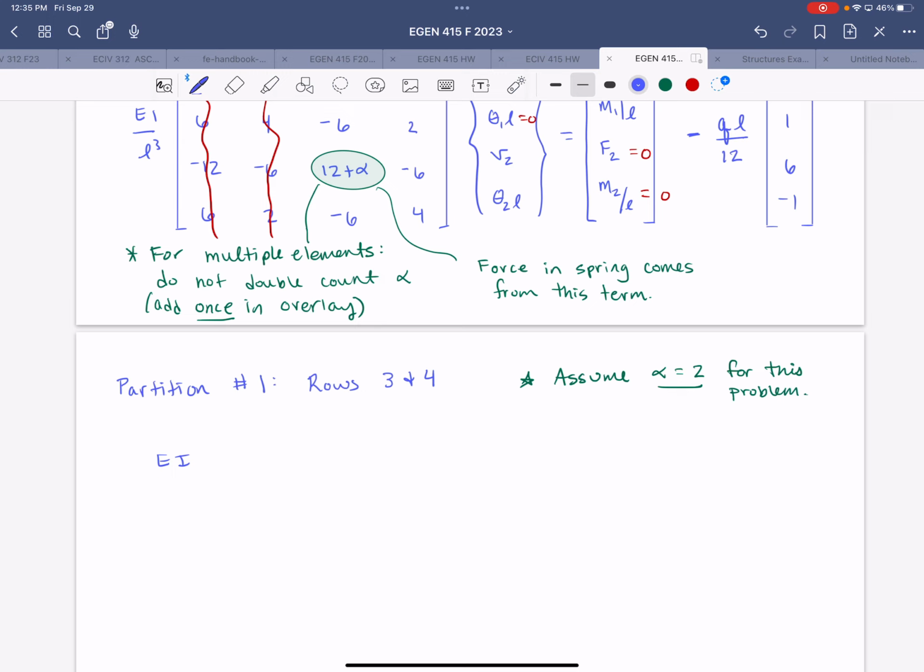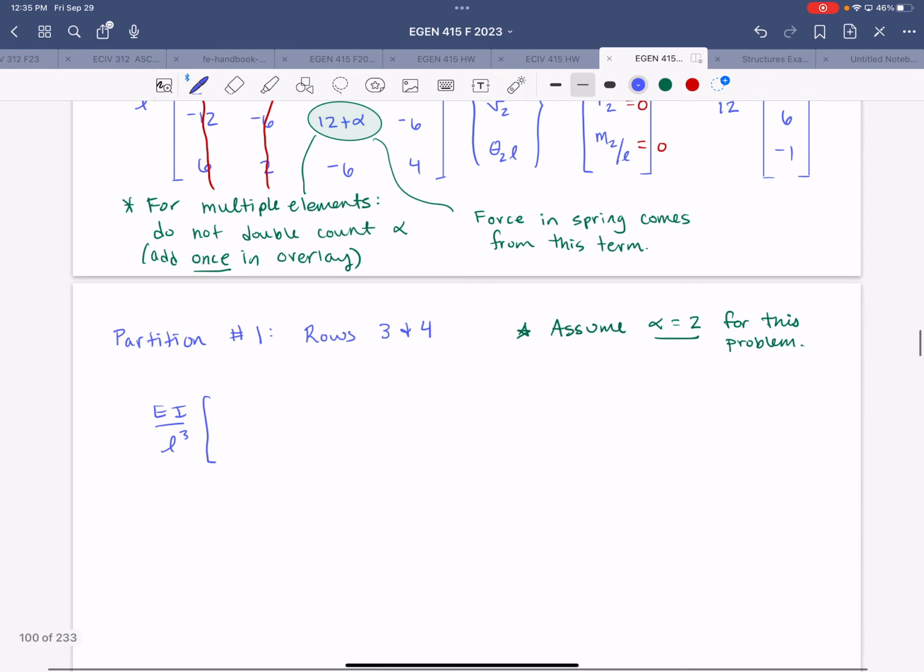We'll take EI over L cubed times just the 4 values in that first partition: 14, that's our 12 plus 2, negative 6, and then negative 6 and 4 in the second column.